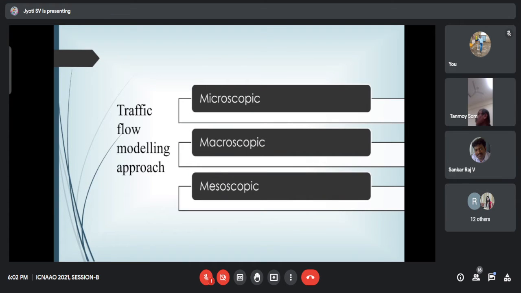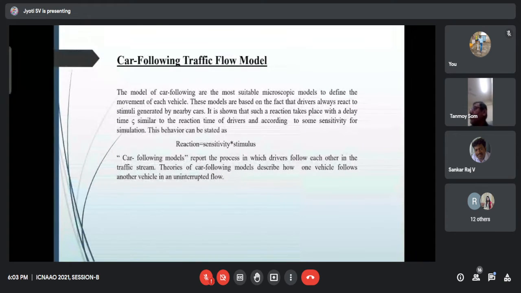Traffic flow modeling approaches. There are three types of traffic flow models, which are microscopic models, macroscopic models, and mesoscopic models. Car following traffic flow model. The models of car following are the most suitable microscopic models to describe the movement of each vehicle. These models are based on the fact that drivers always react to stimuli generated by nearby cars.